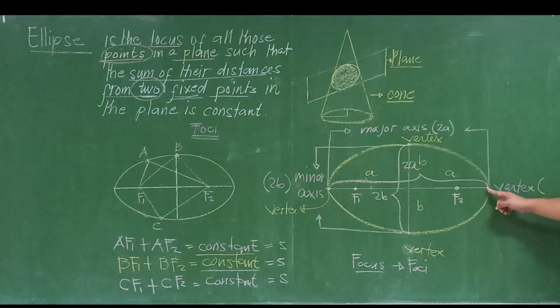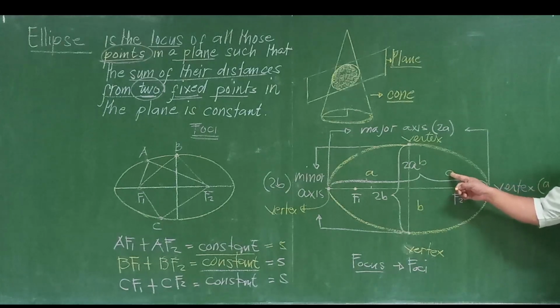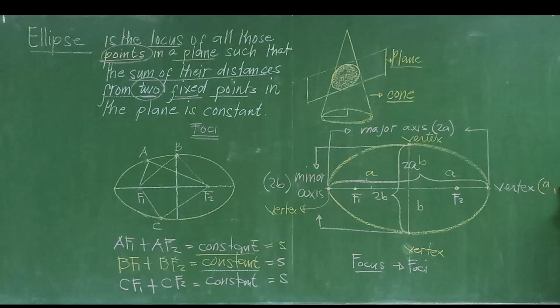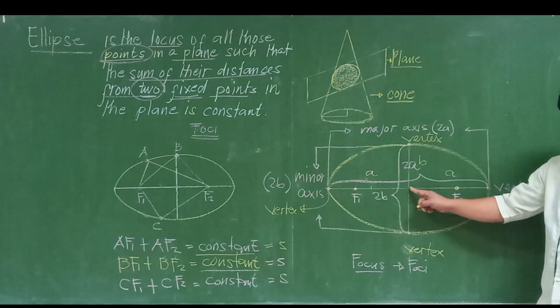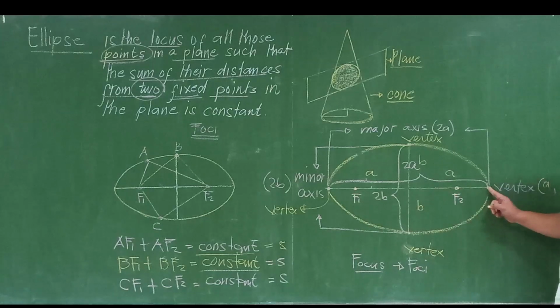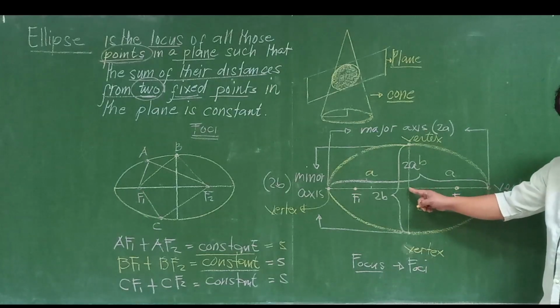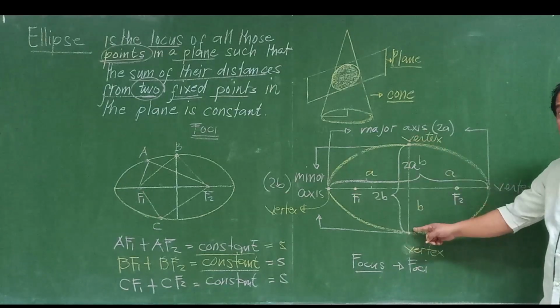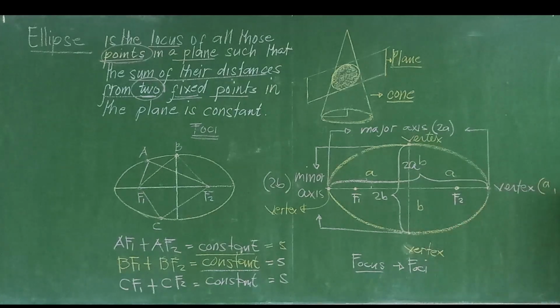So that is the same as for our vertex, what is the measure? That is A. And what about its corresponding y? Notice that this point corresponds to the center, horizontally, which is the point of origin. And so that is the same as 0.